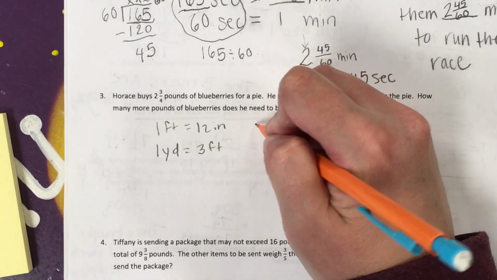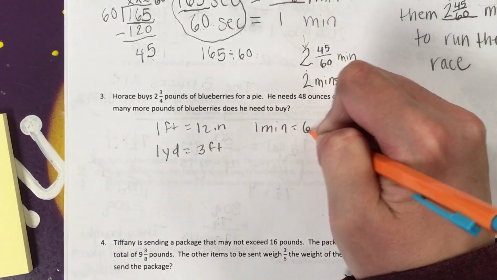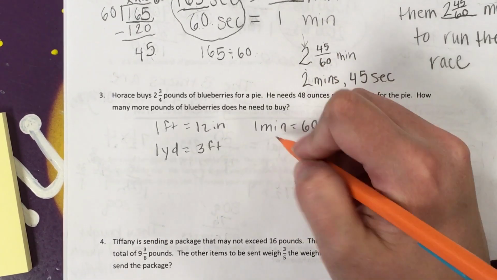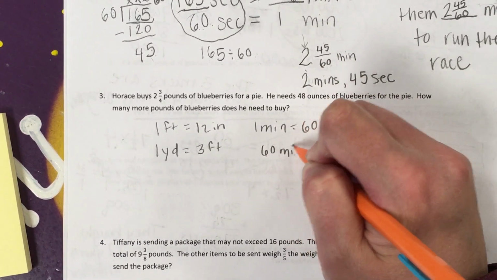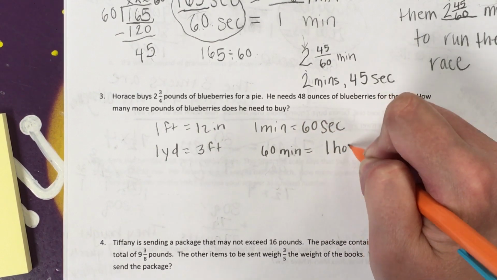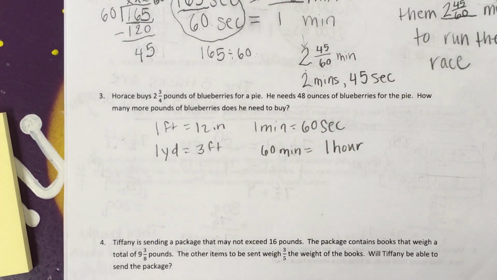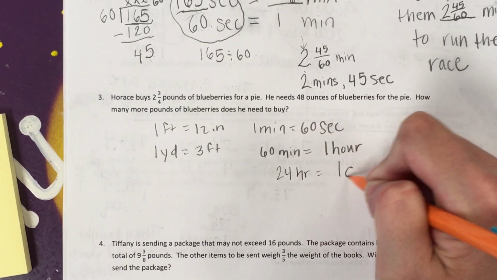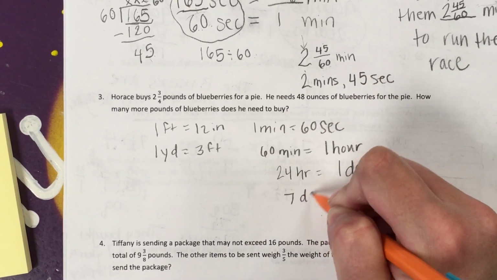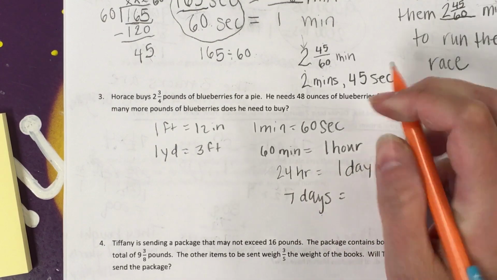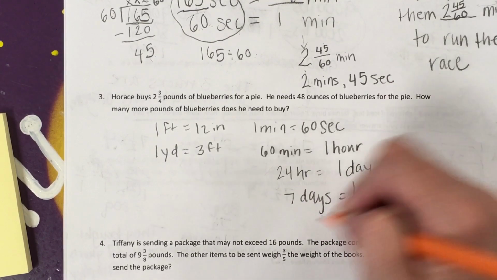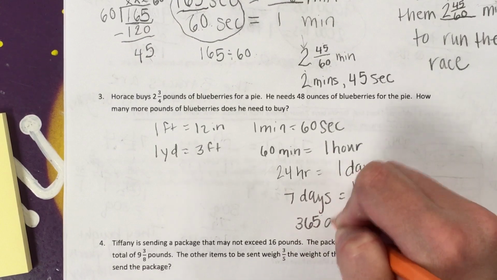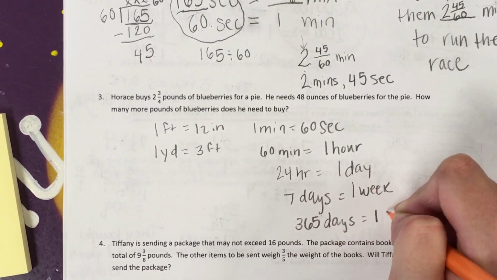We should know that 1 minute equals 60 seconds. 60 minutes equals 1 hour. 24 hours equals 1 day. 7 days equals 1 week. We could even know that 365 days equals 1 year.